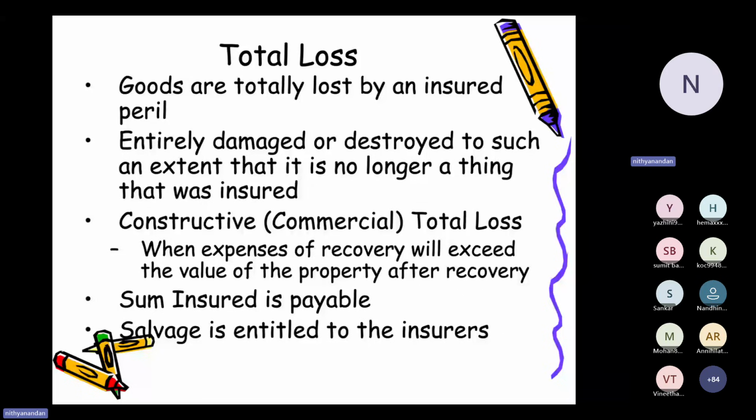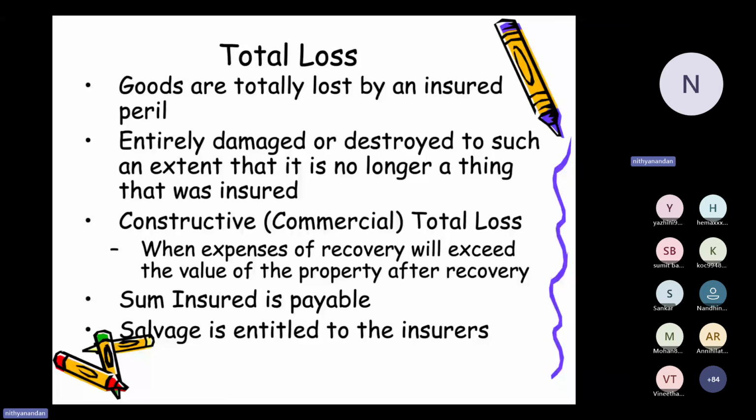So in this case, it is called constructive total loss. When the expenses of recovery exceed the value of the property after recovery. When it is brought to the shore, what value will it fetch? If the value is less than the cost of recovery, nobody will go for recovery, right?